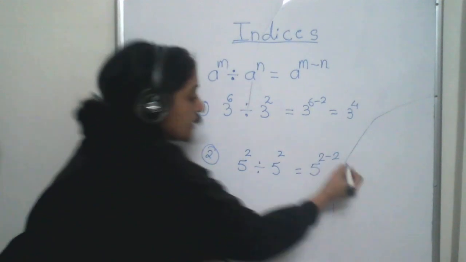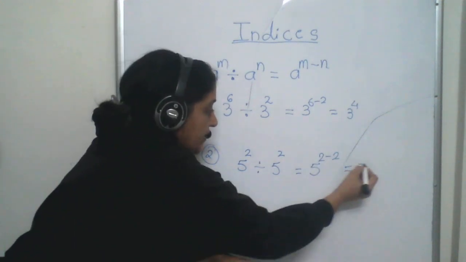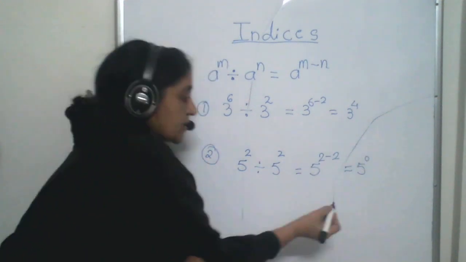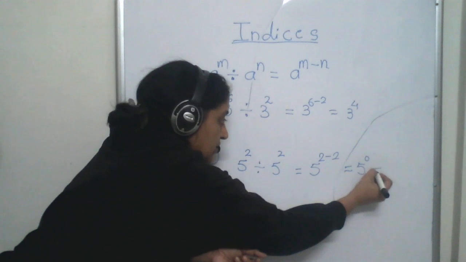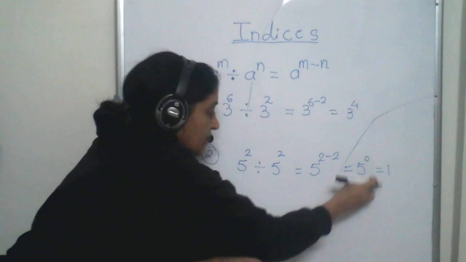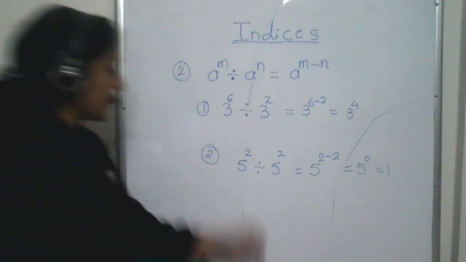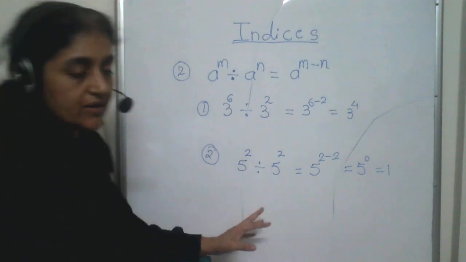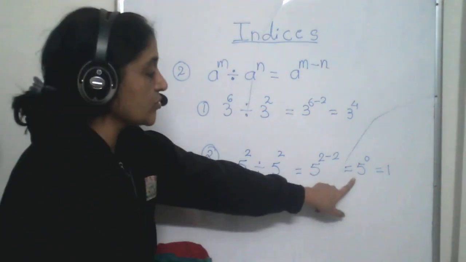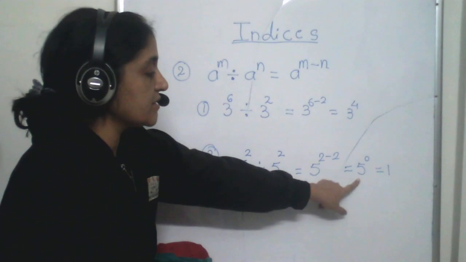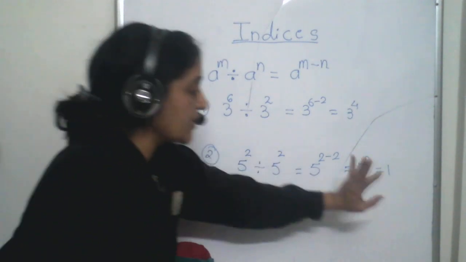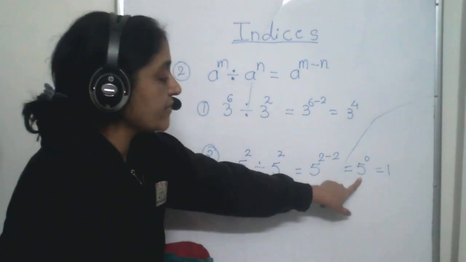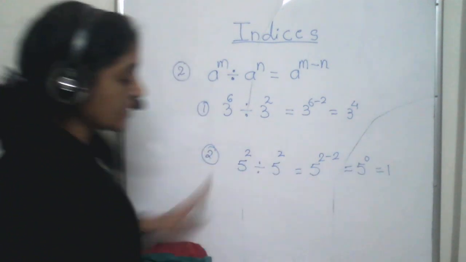Now here the answer is 5 to the power 0. Now 5 to the power 0 is equal to 1. You will come to know why it is so when I explain another rule or law. Once you learn that, you will come to know why anything raised to the power 0 becomes 1. That's why 5 to the power 0 is 1 here.